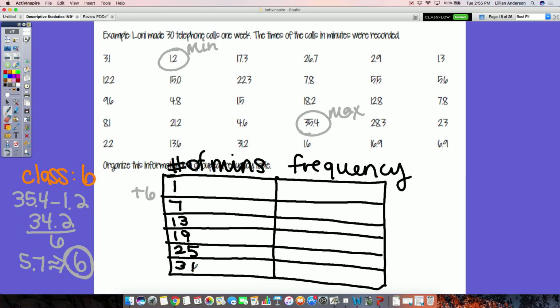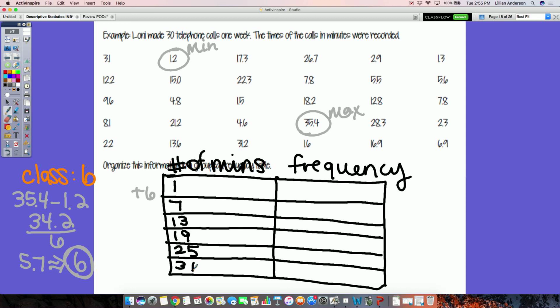You have times that are 0.2 and 0.4 and things like that. So if I were to make the upper limit of my first class 6, that means the call that was 6.5 has nowhere to go. Okay? So in those cases, a compound inequality set up with your classes is a lot better.